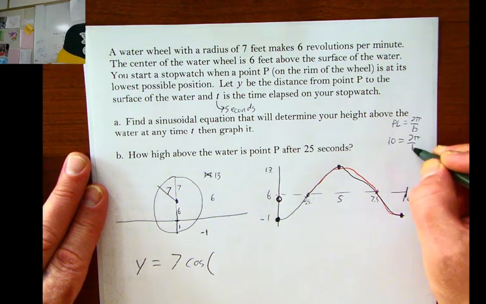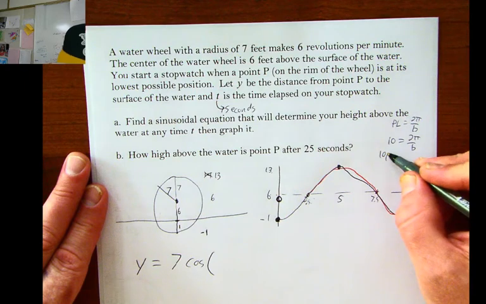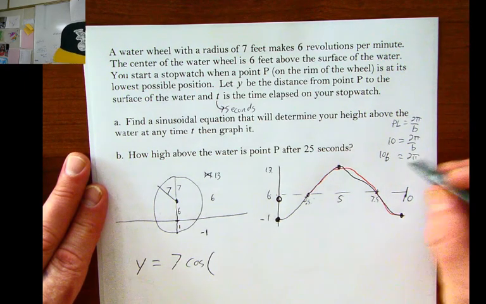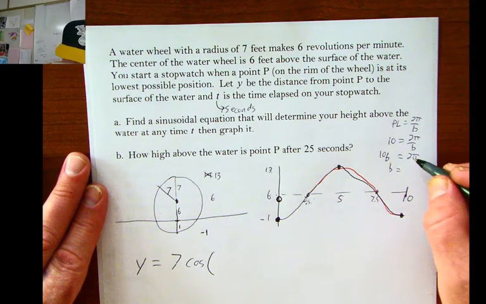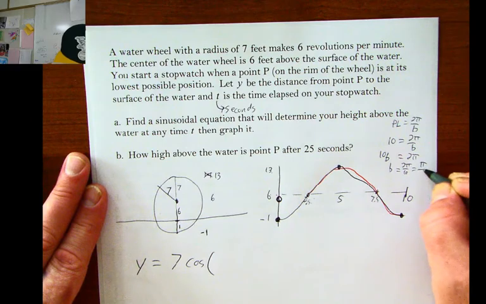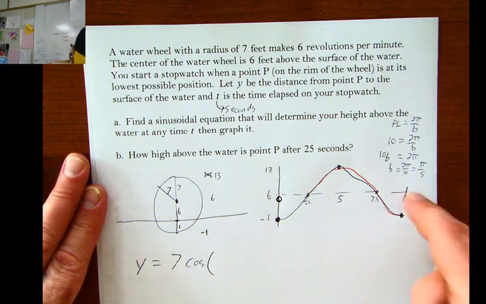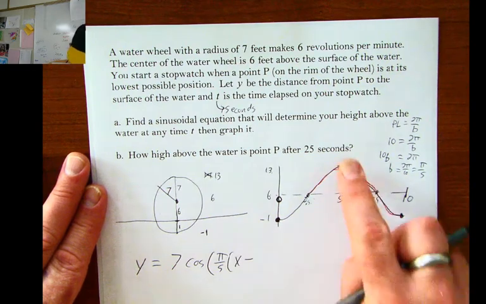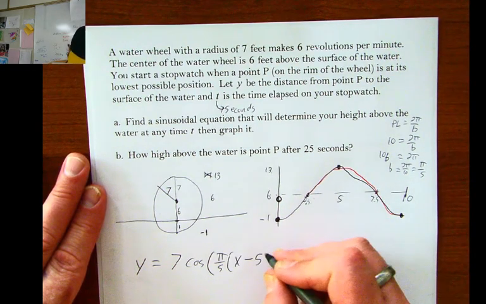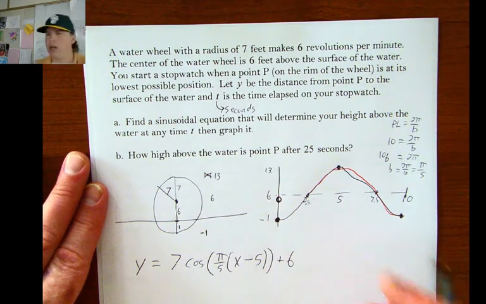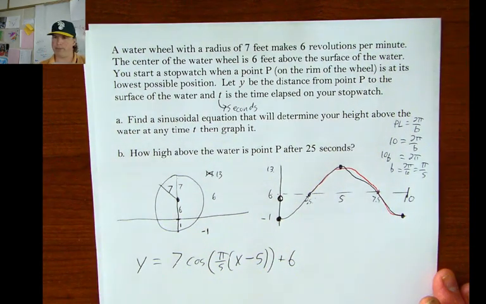So 10 equals 2 pi over b, which means 10b equals 2 pi. Divide by 10, and I get 2 pi over 10, which is equal to pi over 5. So my b is pi over 5 times x minus my start point, which is 5, plus 6 for that vertical shift.